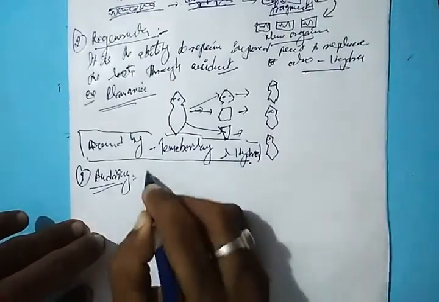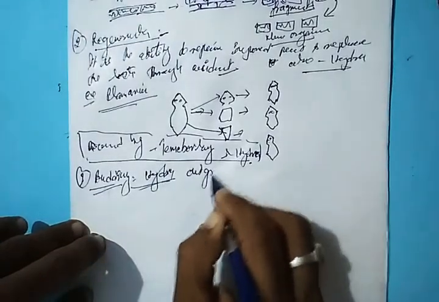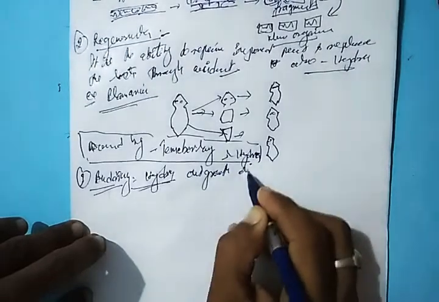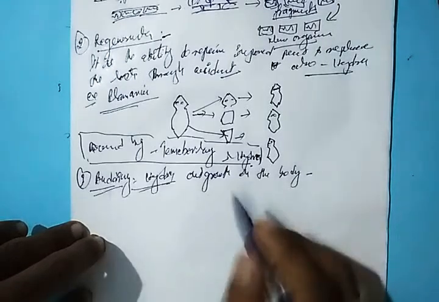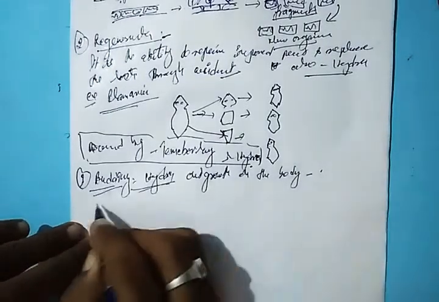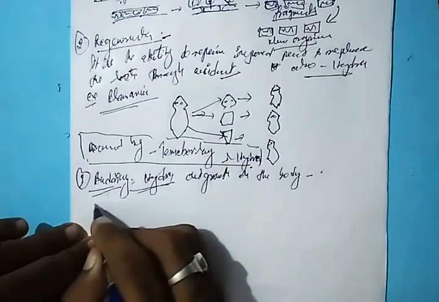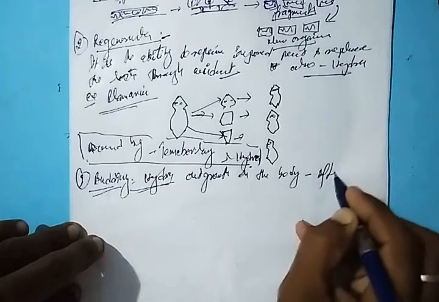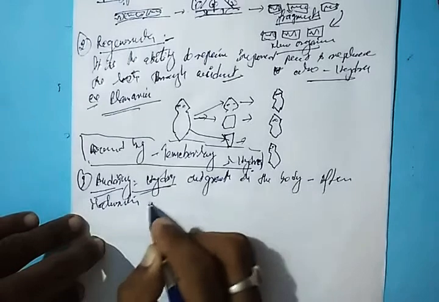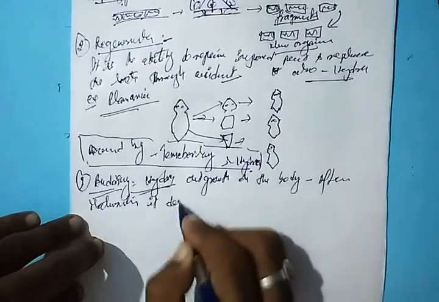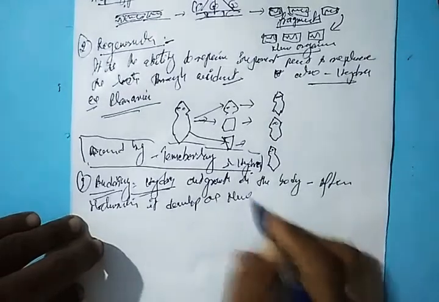The best example of this is hydra. An outgrowth on the body which after maturation separates and develops as a new organism.